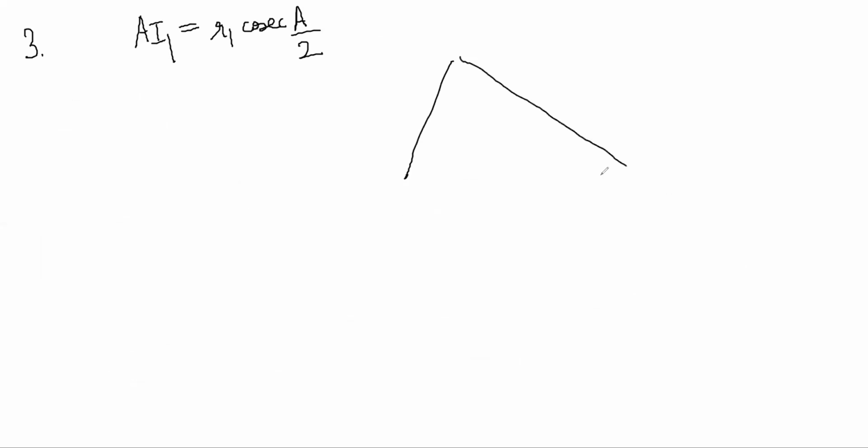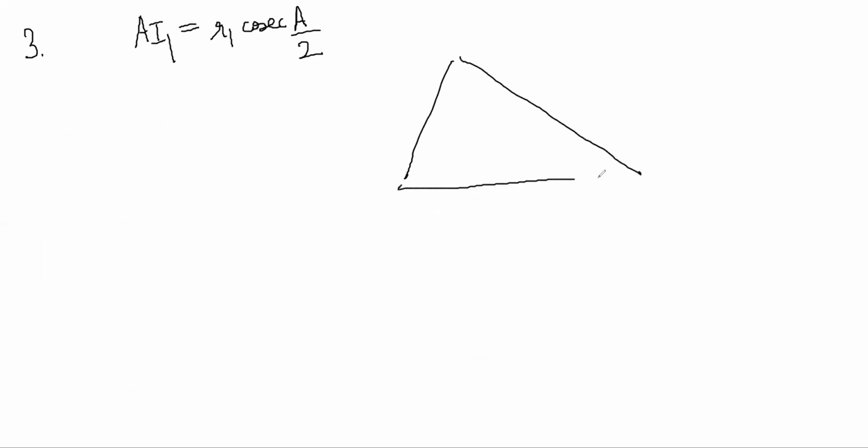You have to prove what now in 3? AI1 is equal to R1 cosec A by 2, right? So what is I1? I1 is the excenter opposite to A, right?